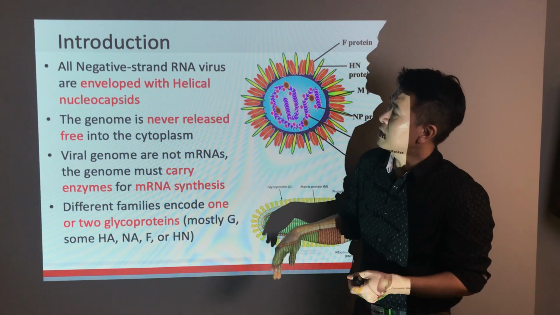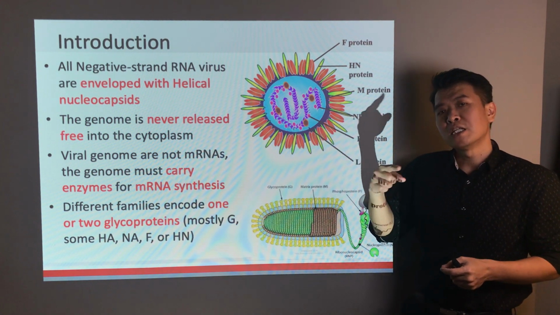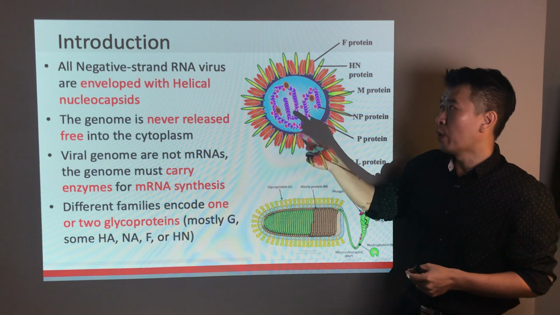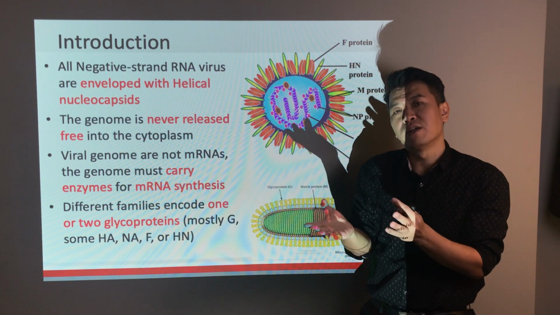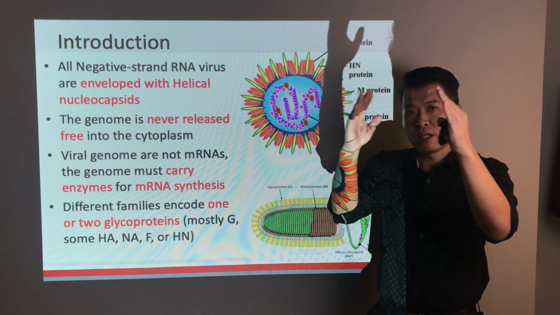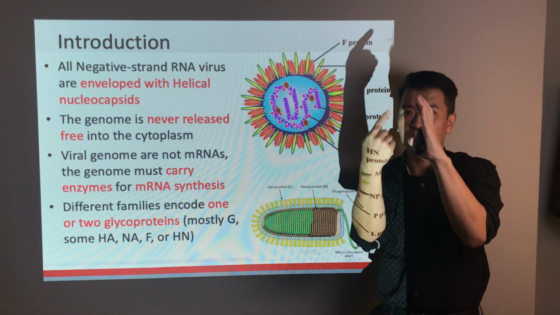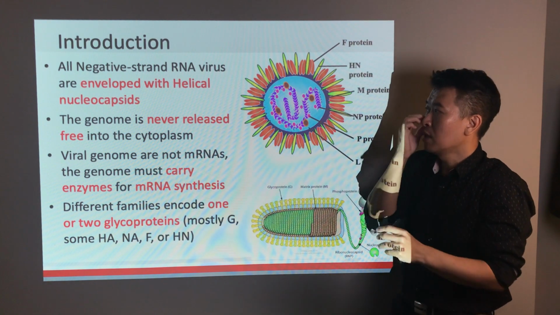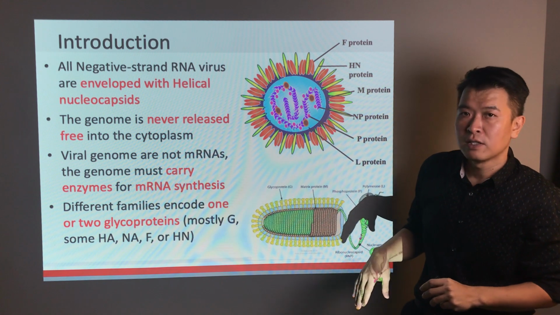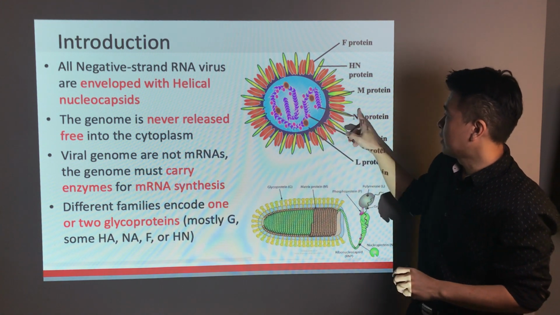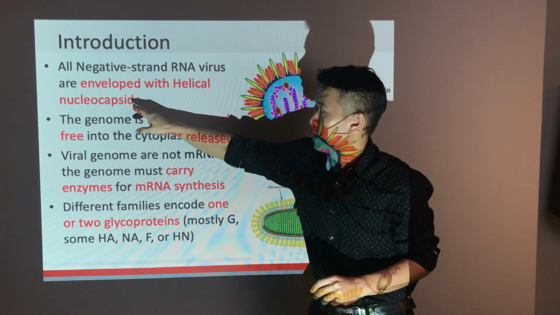Alright, so the virus has a helical nucleocapsid. What it means is that the RNA is always surrounded by nucleocapsid. Unlike poliovirus and dengue virus, which have an icosahedral capsid that protects the RNA located at the core of the capsid, the RNA of negative-strand RNA viruses is always protected by NP protein, or nucleocapsid protein.